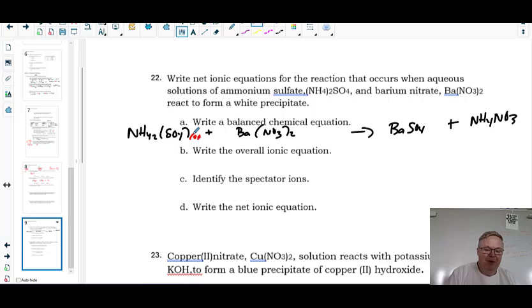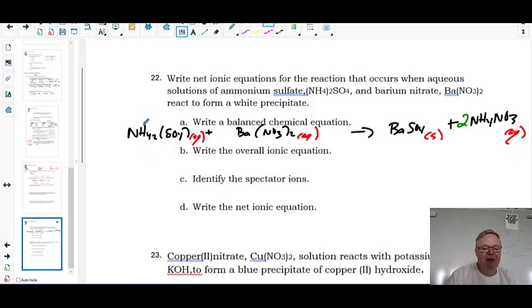We know the reactants are aqueous, because it says they're aqueous. We just need to figure out what these products are. Well, we know ammoniums and nitrates are always soluble, so those are aqueous, and therefore the barium sulfate is the precipitate, so obviously our solid. So that's our equation, and then we just need to balance it. So let's see, 2 ammoniums, and that would balance the whole thing.